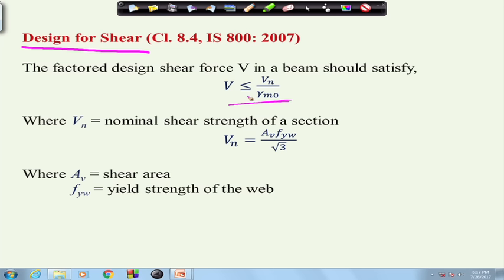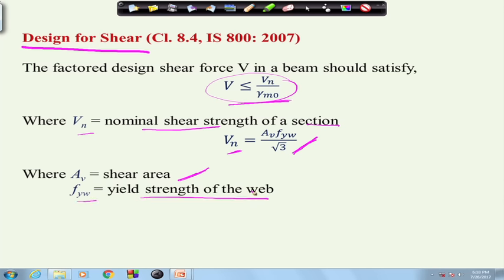So, V, the factored design shear force, should be less than or equal to Vn by gamma m0, where Vn is the nominal shear strength of a section, and Vn value can be found from this formula, Av Fyw by root 3. Av is equal to shear area, and we have shown how to calculate the shear area, and Fyw is the yield strength of the web, right.